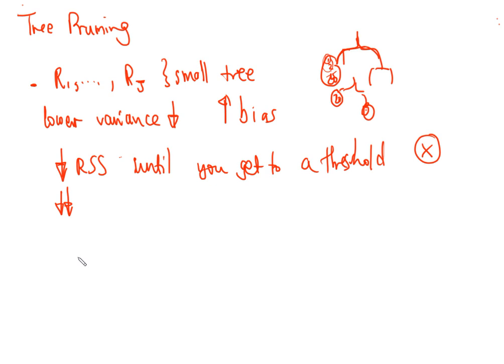The tree does not know that. It deals with the node it's dealing with right now. So a seemingly worthless split earlier on might be followed by a very good split here, and then RSS will reduce by a large amount. So it will result in smaller trees, but it is too short-sighted.